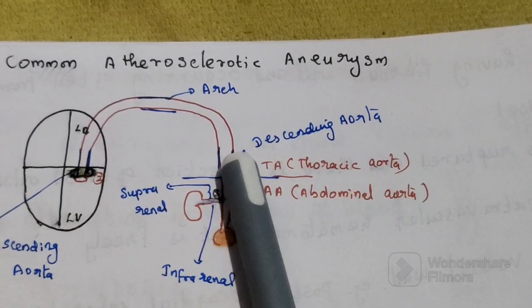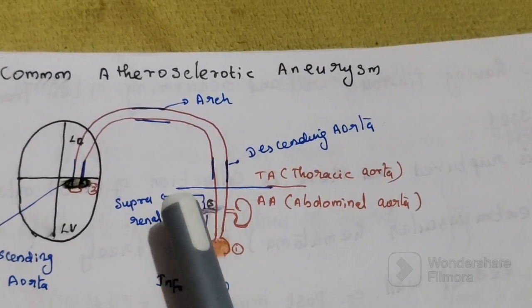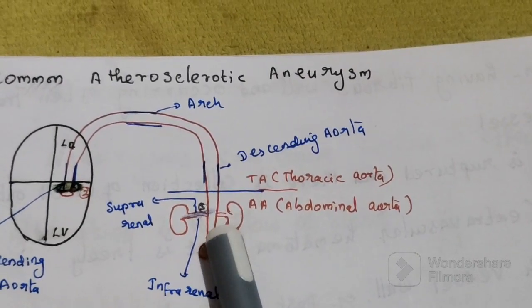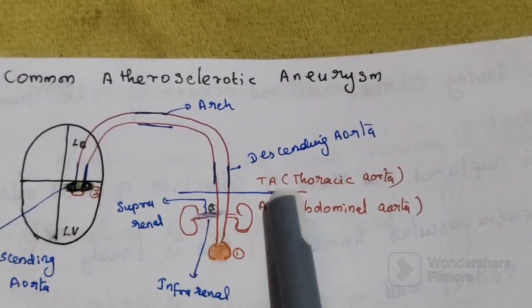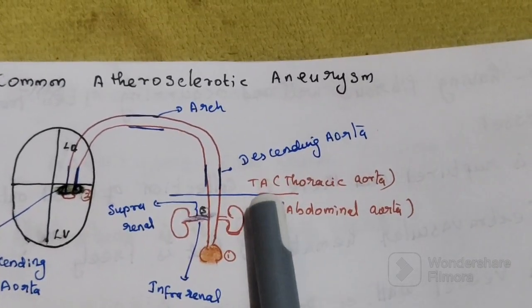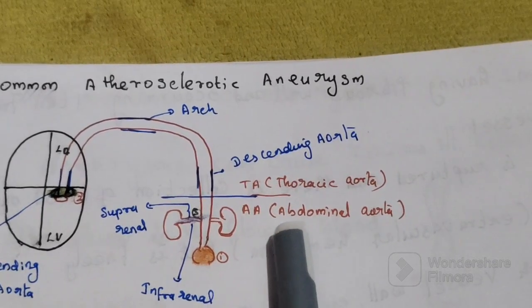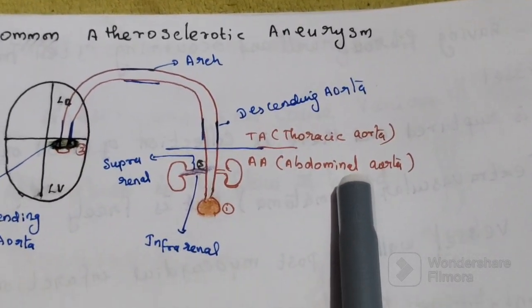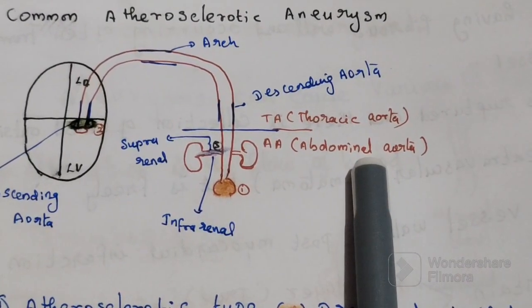This one is descending aorta. Descending aorta is divided into 2 portions. Above the diaphragm, this one is the diaphragm, above the diaphragm is thoracic aorta, and below the diaphragm, abdominal aorta. So these are the 2 types of location.